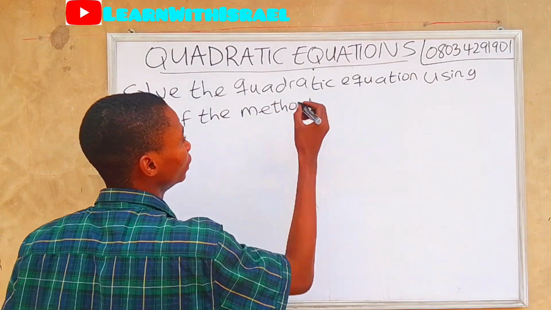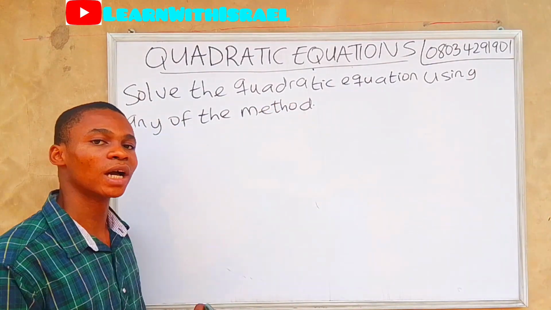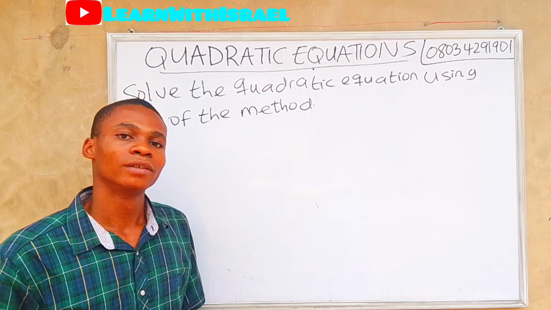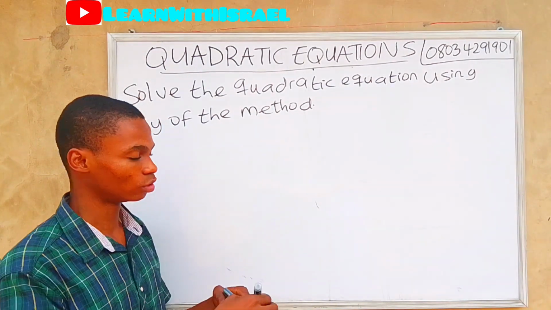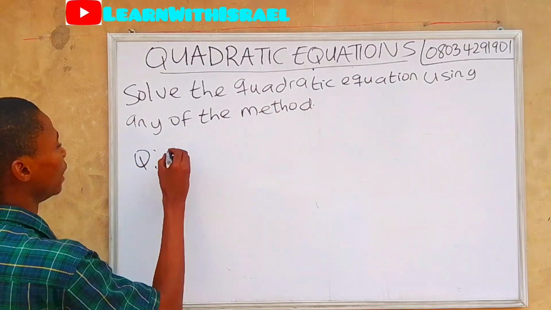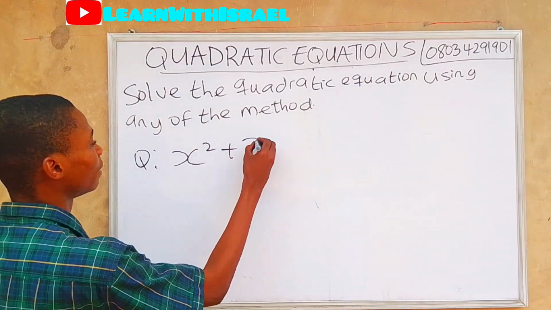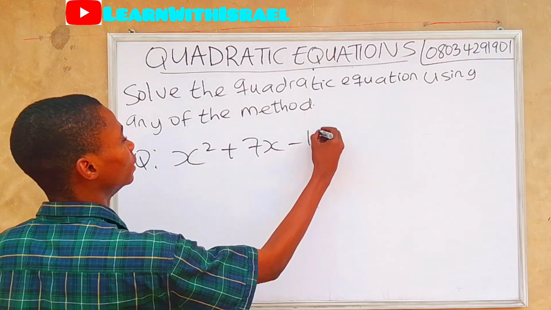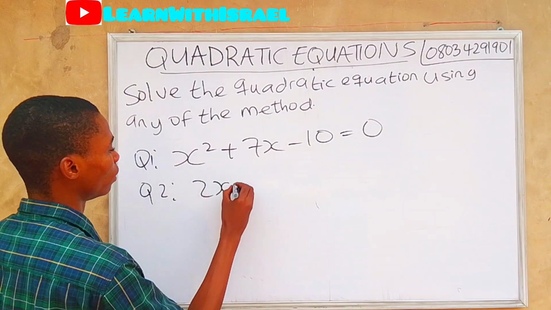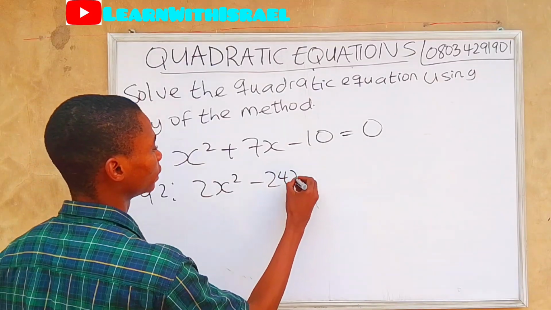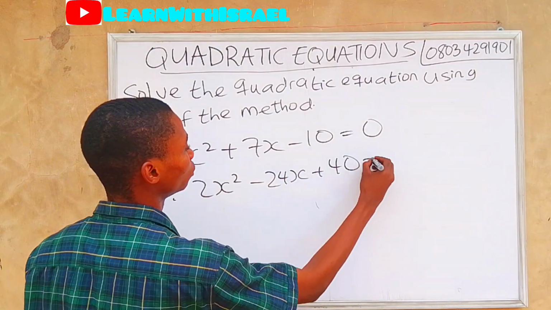You can use the factorization method, you can use the formula method, and you can also use the completing the square method. So the question says x squared plus 7x minus 10 equals 0. So this is question 1. Question 2, 2x squared minus 24x plus 40 equals 0.